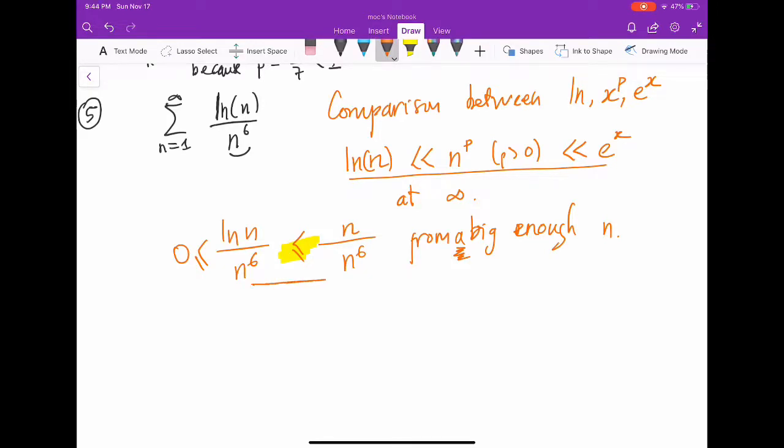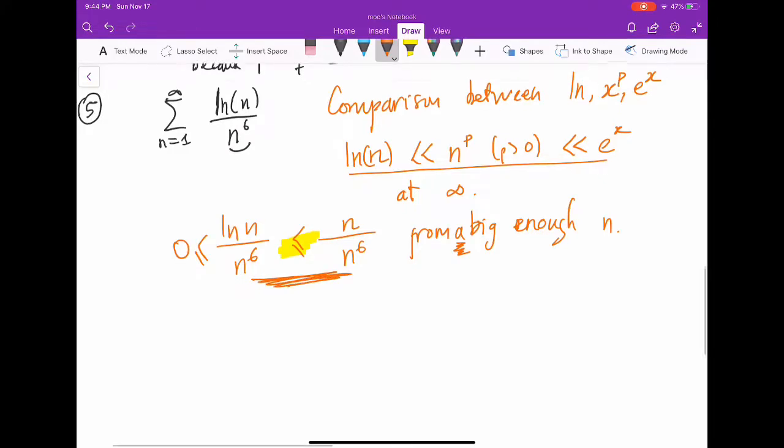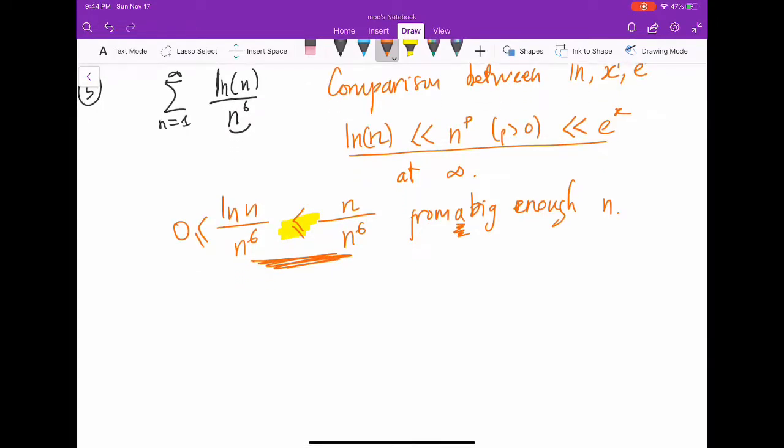So since we have this inequality, I would write the sum of ln n over n to the 6 is less than or equal to the sum of n over n to the 6, n from 1 to infinity. In this situation, the inequality holds for any n greater than or equal to 1.